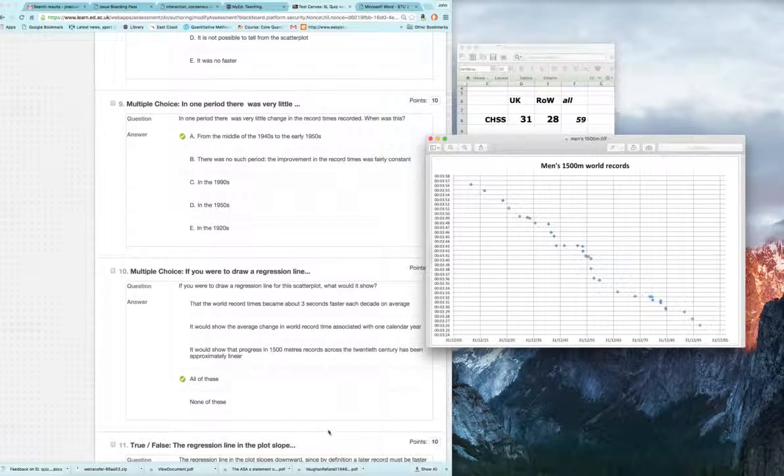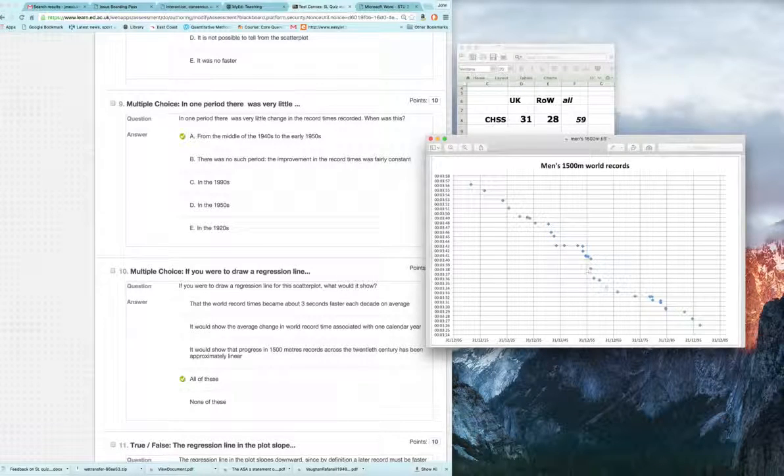If you were to draw a regression line for this scatter plot, what would it show? Well, if we were to calculate a regression line, it's pretty clear that any straight line that approximately summarizes those points would lie pretty close to all the points, because the coordinates themselves form a pretty straight line.